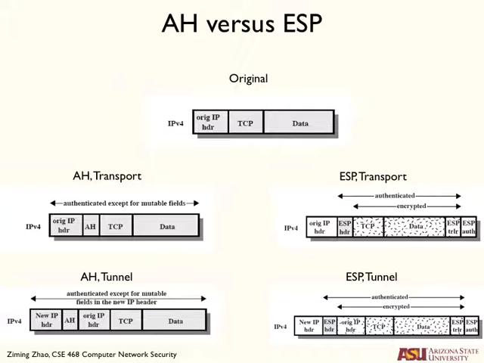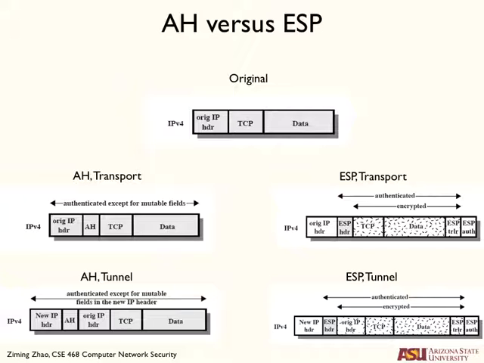So the difference here is that in ESP we are not authenticating the original IP header. And in ESP tunnel mode, we add the new headers first, then encrypt from the original payload to the end of this payload.